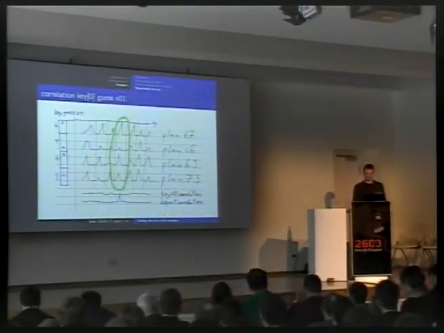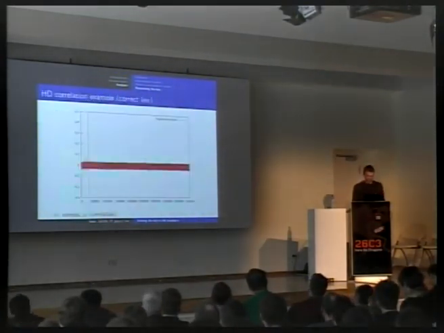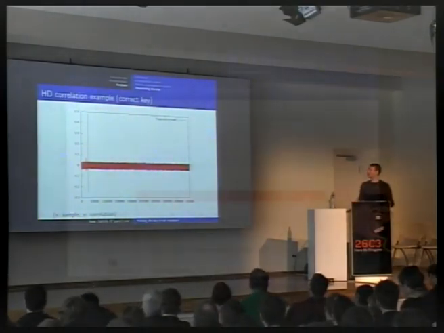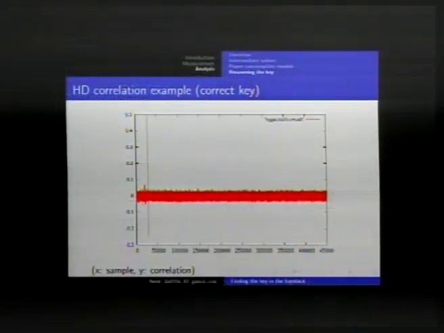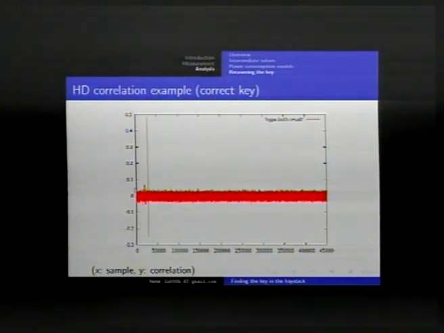So I have some real life examples of correlation curves here. Here is the Hamming distance correlation example for the correct key guess. And you can see here is one tiny but large peak. It is large on the y-axis, but tiny on the x-axis, because it is only one single cycle.